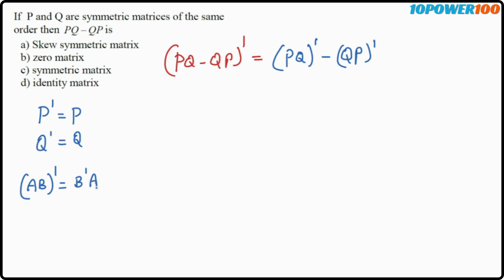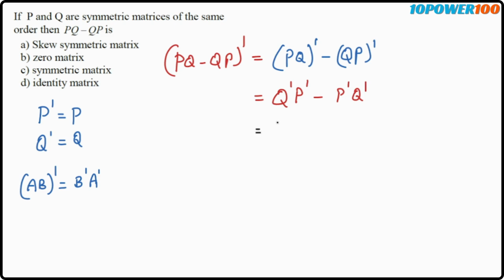Always we should write second first and first second. So this becomes Q dash into P dash, and minus QP the whole dash becomes minus P dash into Q dash. We have already written that P dash is P and Q dash is Q.